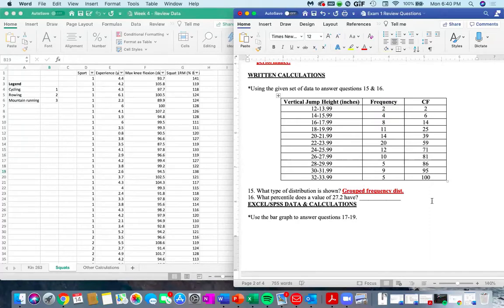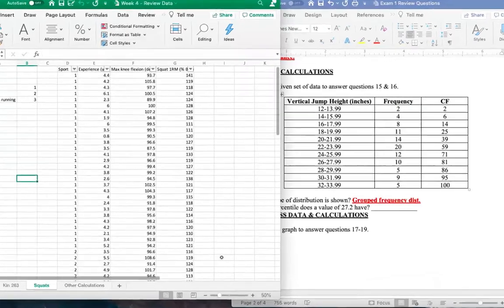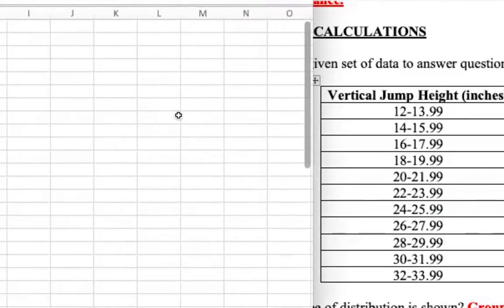100. Sample size is always going to be what the cumulative frequency is at the last grouping that we have. So with this information, I'm going to pop over into Excel really quick. In our equation, it's going to be our raw score minus the lower bound of the group that we're in.